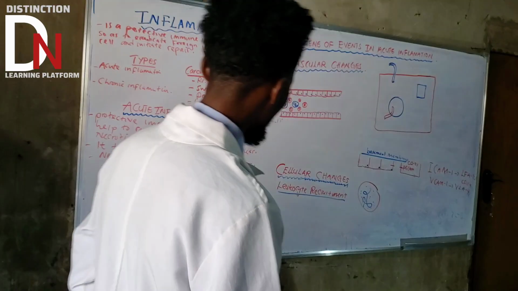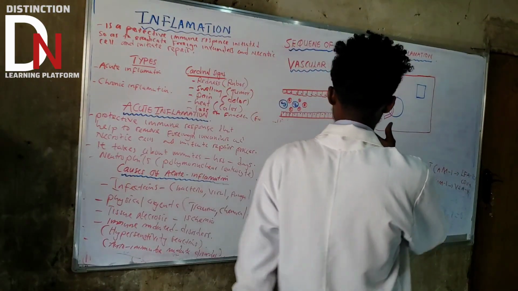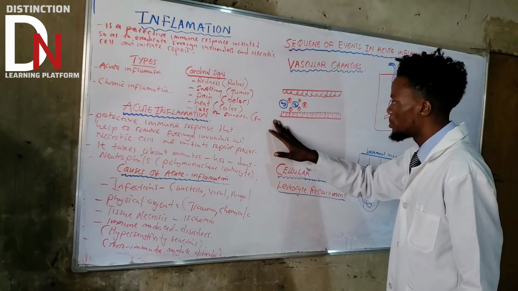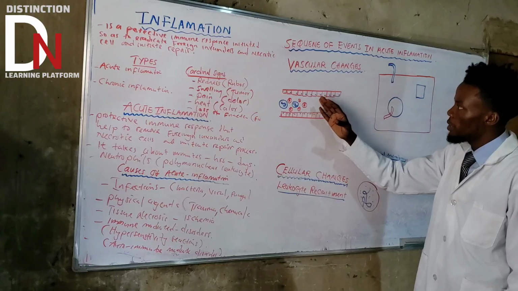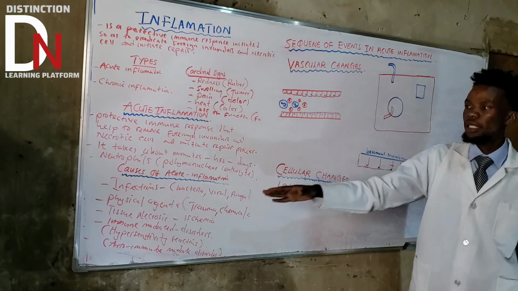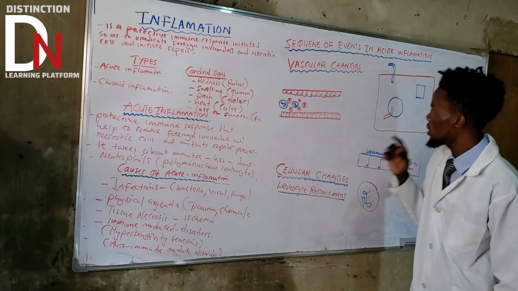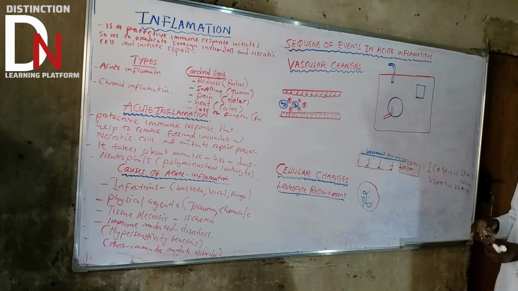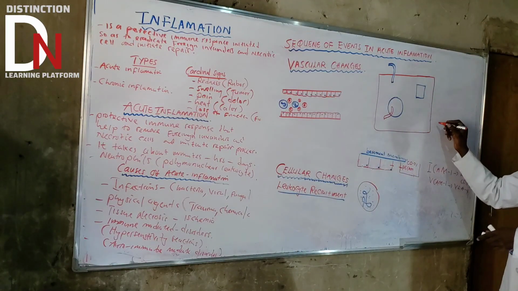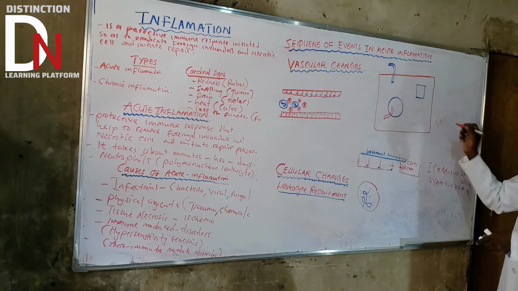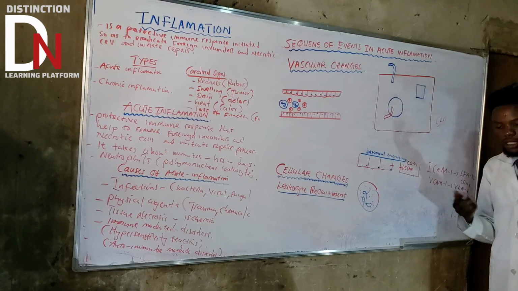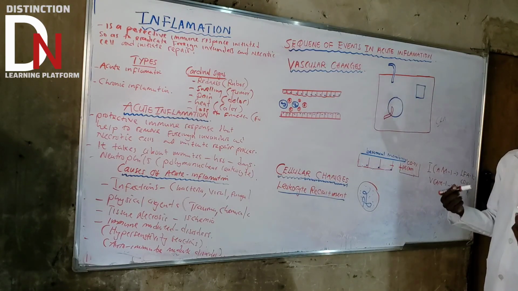Before we go to vascular changes, we need to understand that this can't happen without the stimuli, or the cause. What do these causes do? Let's imagine this is a cell, a white blood cell. Let's pick the famous one, a neutrophil.